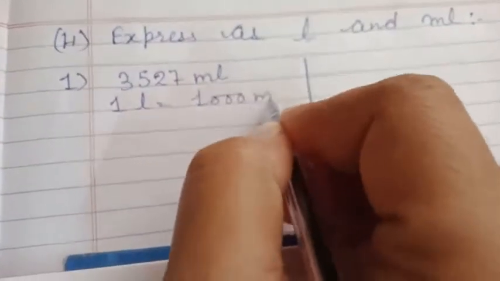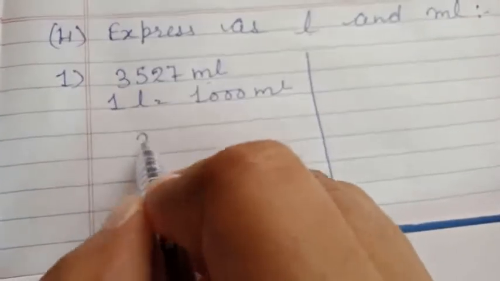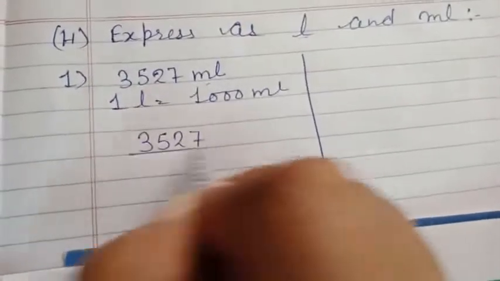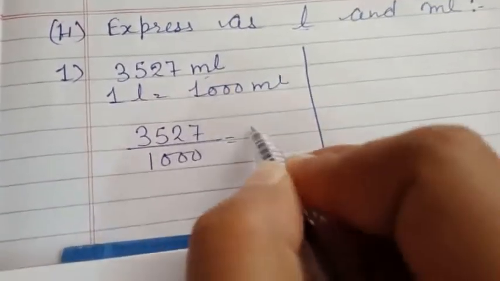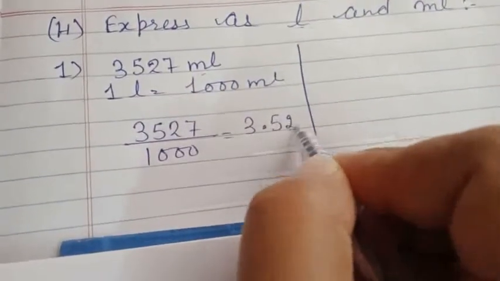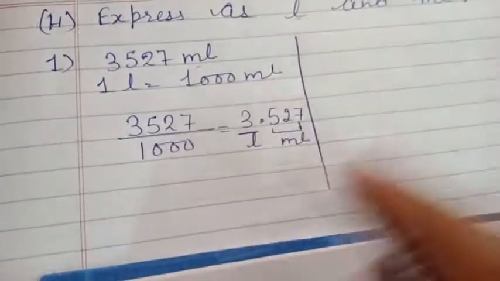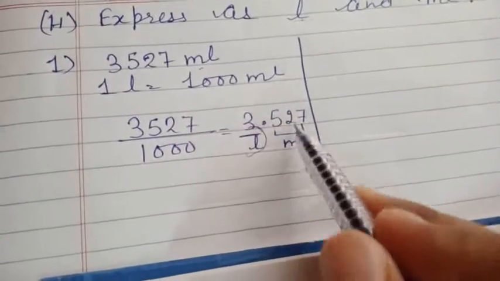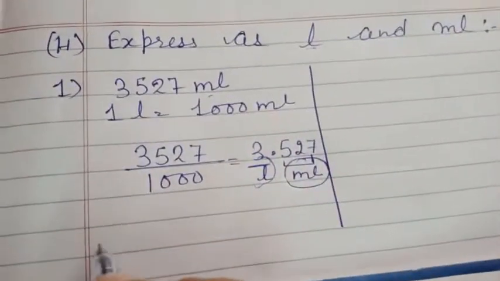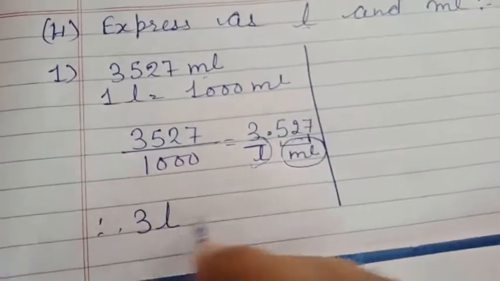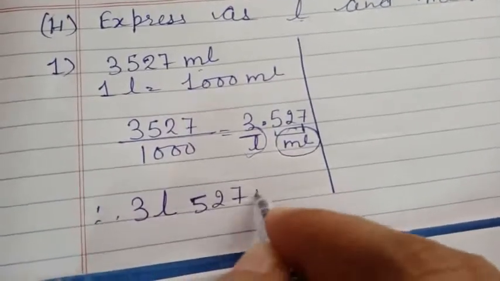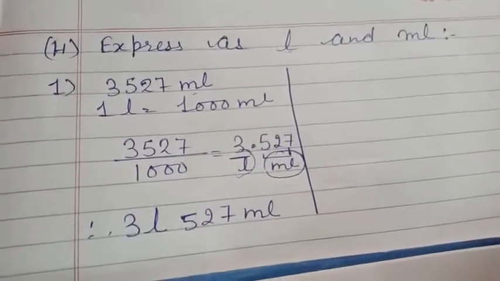So we will divide it by 1000. 1 liter is equal to 1000 milliliter. So we will divide it by 1000, which is equal to 3.527. This will be the liter and this will be the milliliter. Before the decimal it will be liter and after the decimal it will be milliliter. Therefore it will be 3 liter and 527 milliliter.